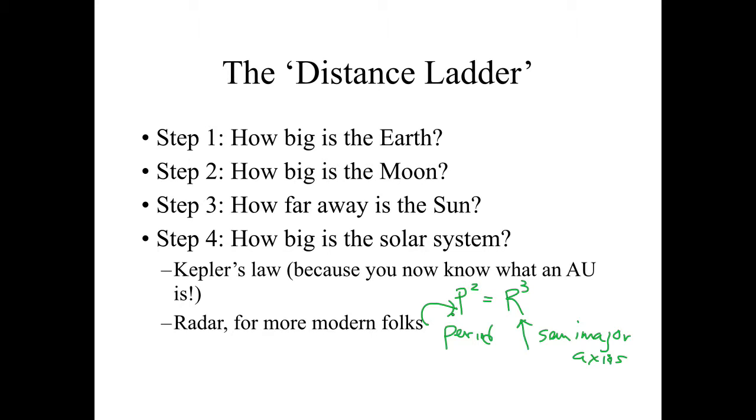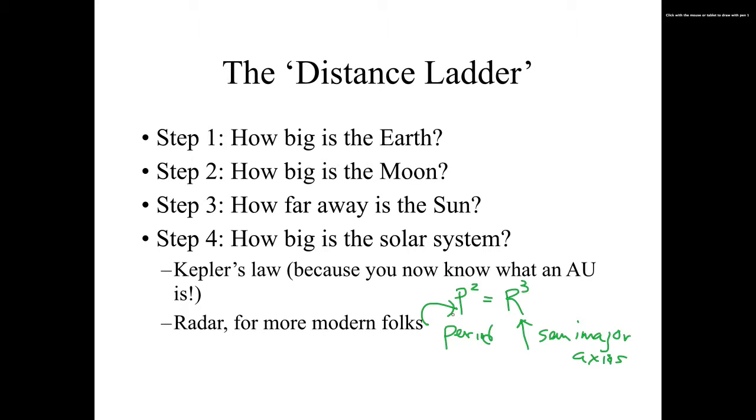Jupiter's period is 11.2 years. That means from this I can learn that Jupiter's distance from the sun is 5.2 astronomical units, 5 times further away than the Earth. That's great, but it isn't very helpful until you know how far away the Earth is from the sun. As soon as you know that, then you know that Jupiter is 5 times 1.5 times 10 to the 11 meters away from the sun.